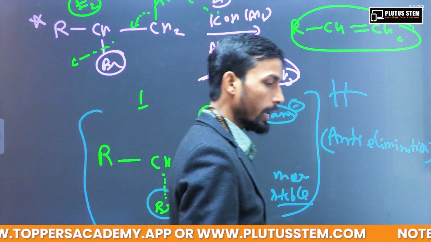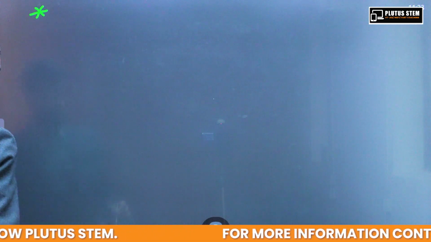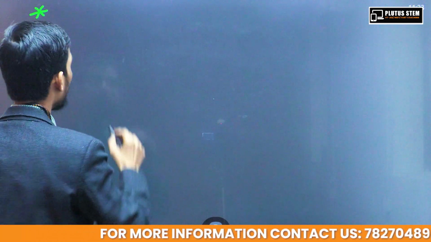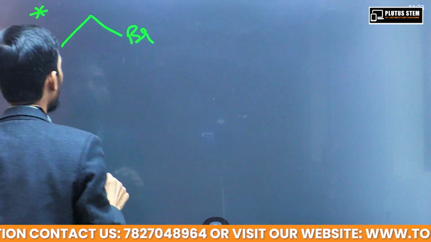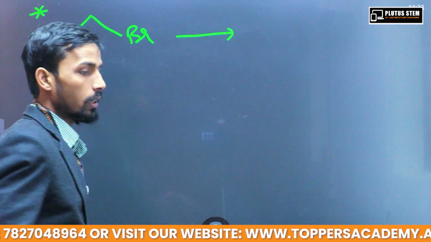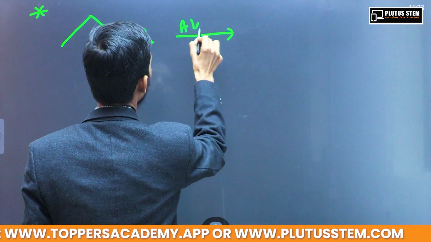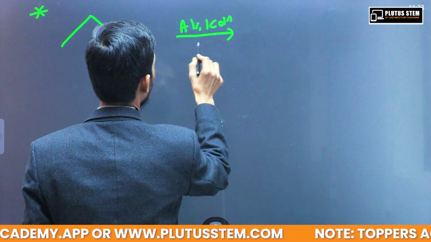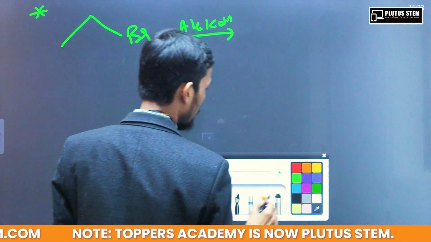Now let's take some more examples of an unsymmetrical alkyl halide, so what type of product are we going to get over here? If we have this simple substrate and we take alcoholic KOH in the presence of heat, what will happen over here?